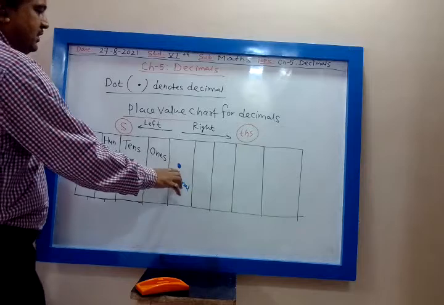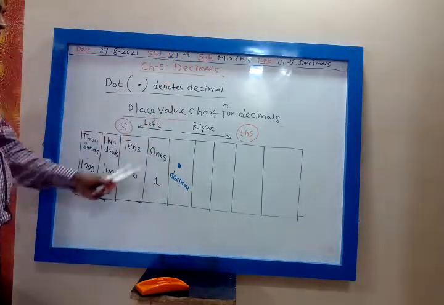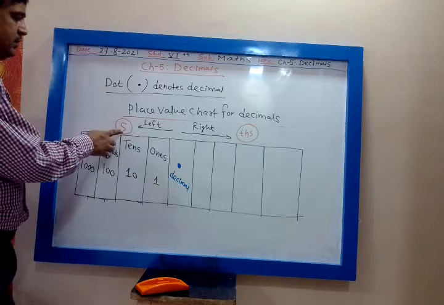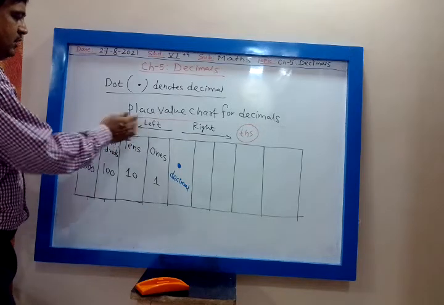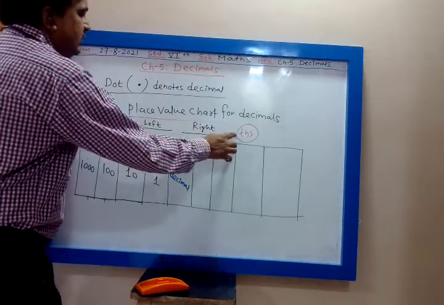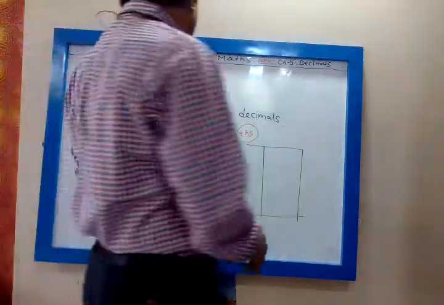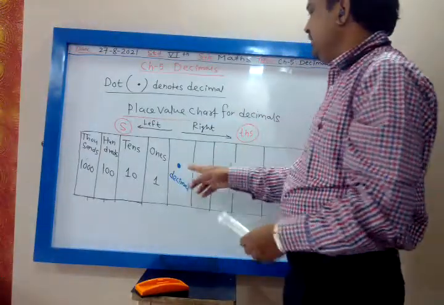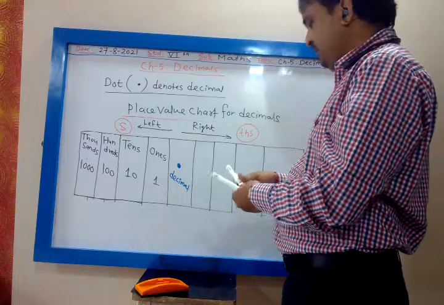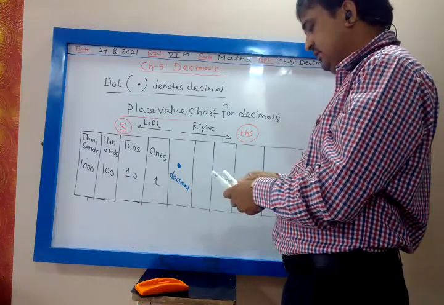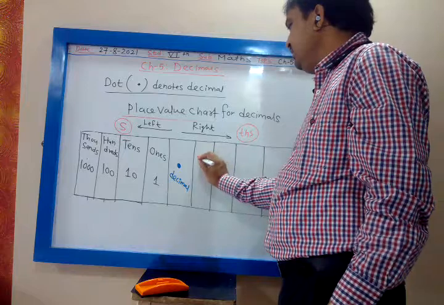But when you move from decimal to the right, it will not be ones. The suffix you use is S on the left side, and on the right-hand side you use THS. The first place will be tenths.